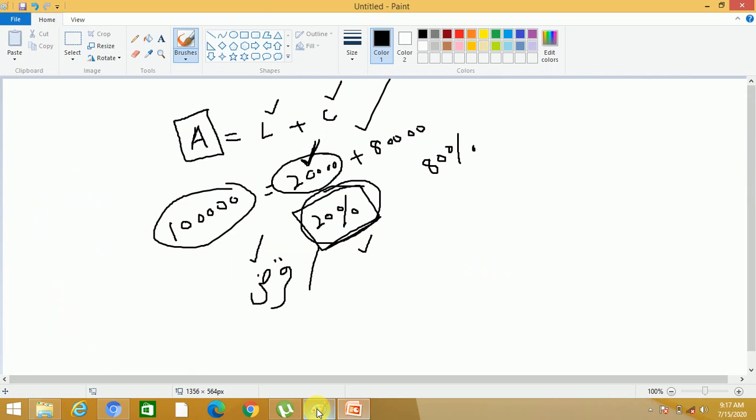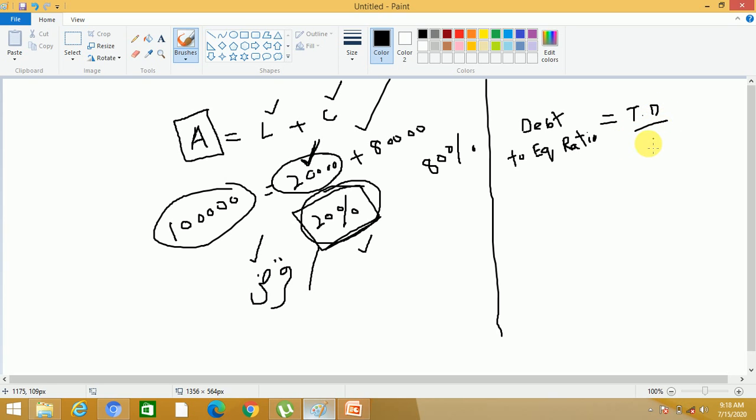What does it mean? The debt to equity ratio is equal to total debt divided by total equity.